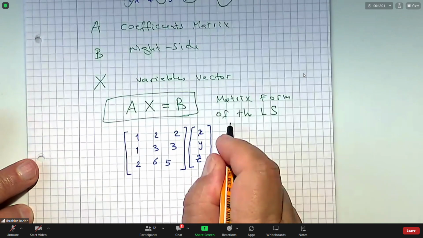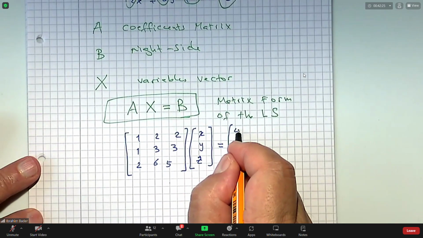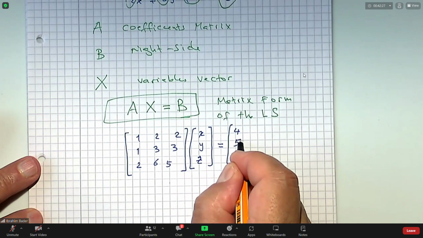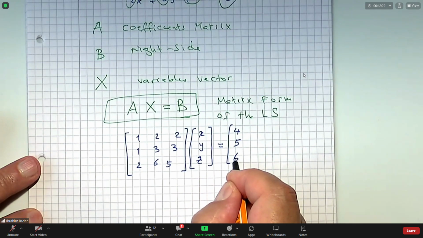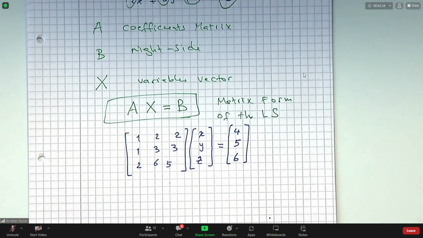And the right-hand side is just the vector, because a one-column vector is a matrix. This is what I call the matrix representation of the linear system.